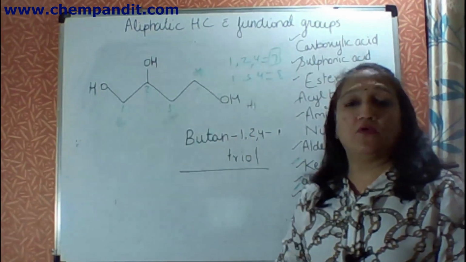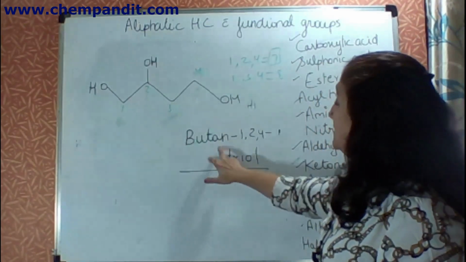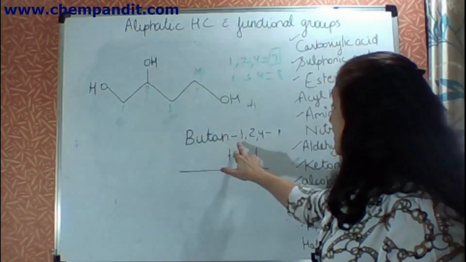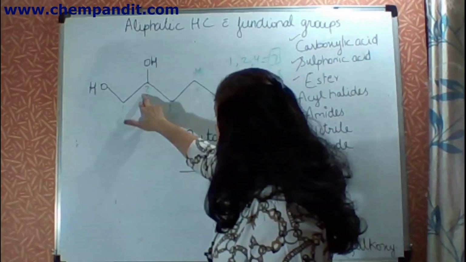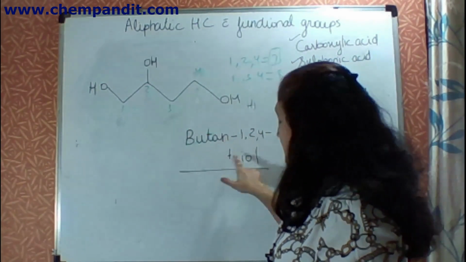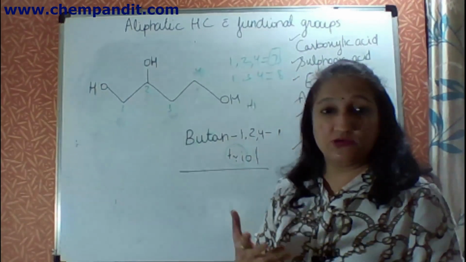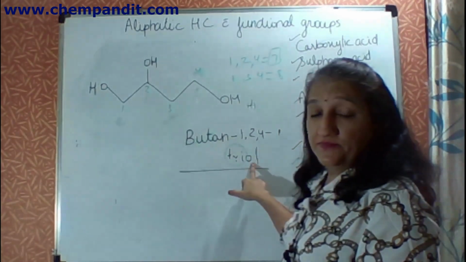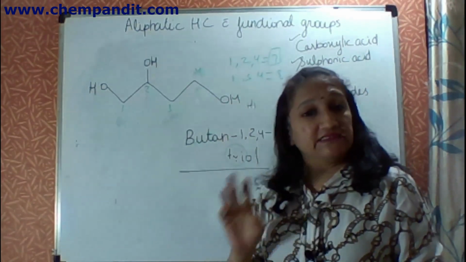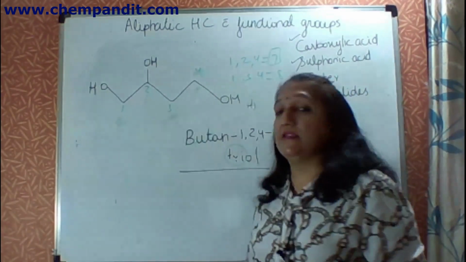Butane-1,2,4-triol is the final name of this compound. But is the root word because of 4 carbon atoms. 1, 2, 4 are the positions of the alcoholic groups. Tri is the prefix used because we have three hydroxyl groups. Ol is the secondary suffix because it is an alcohol. Secondary suffix of an alcohol is ol, right? So this is the final name of this compound.